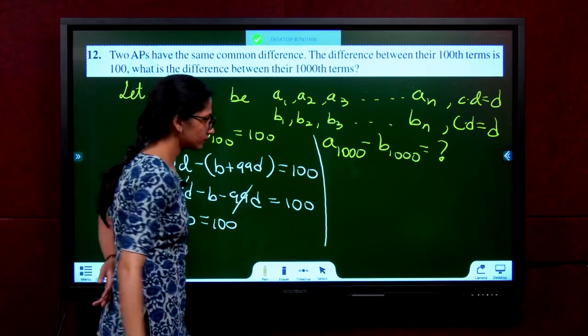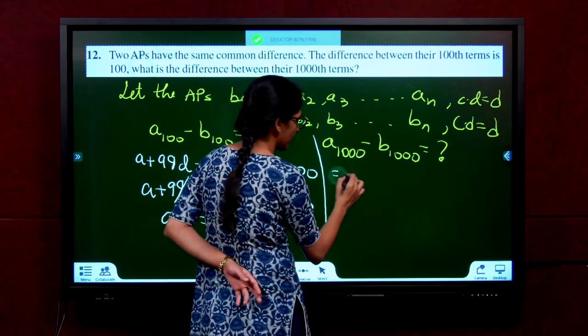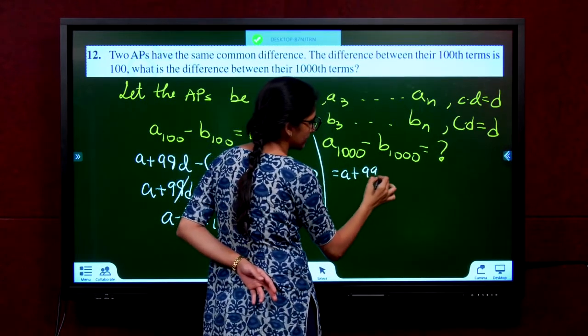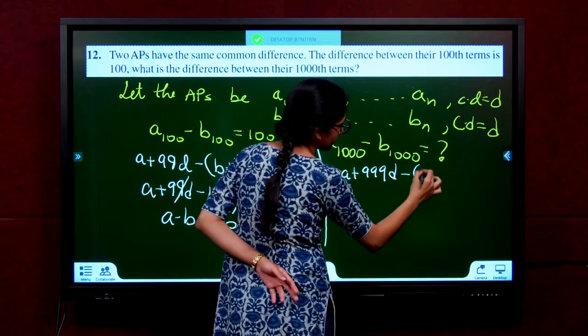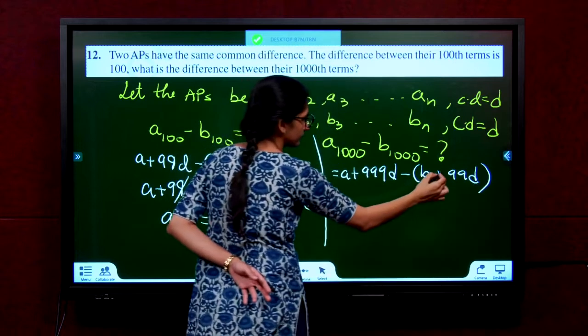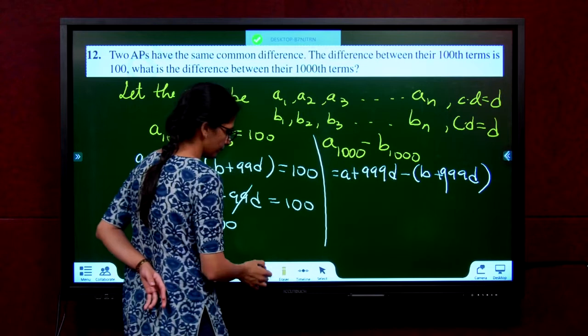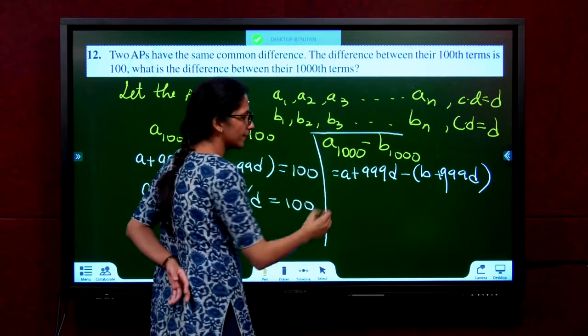Come here. What is A1000 minus B1000? A plus 999D minus B plus 999D. So here we are trying to find this value. Now what happens?